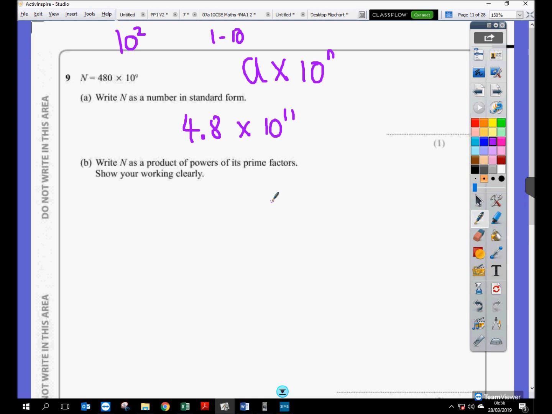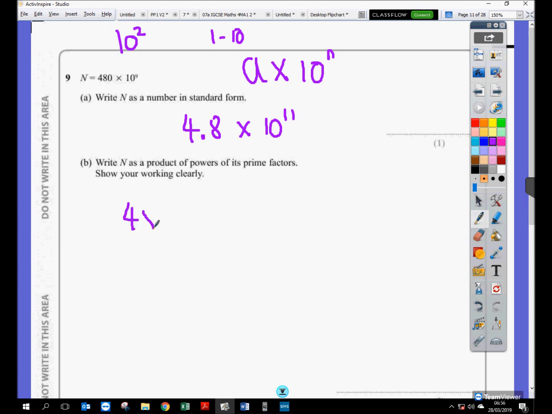Okay, and the next one. It says write n as a product of its prime factors. Show your working clearly. So we have this 480 times 10 to the power 9. What we can do here is we can split this up.